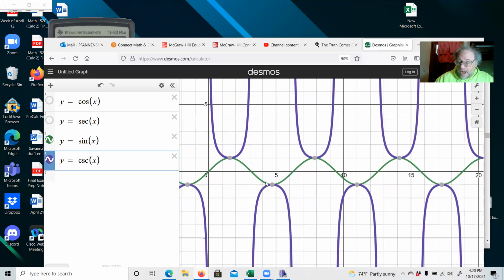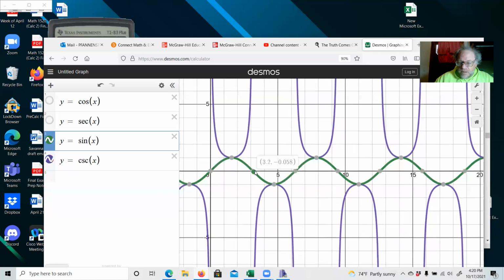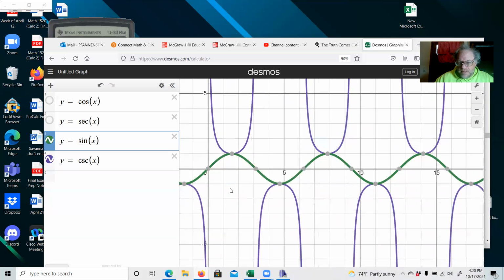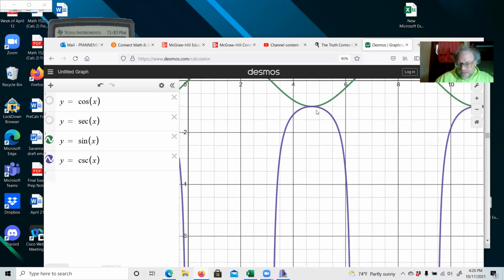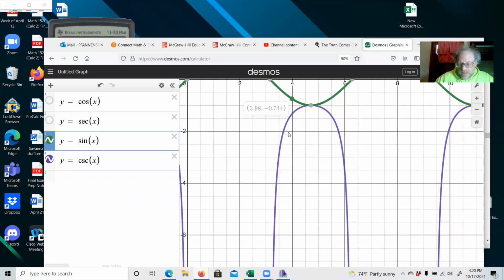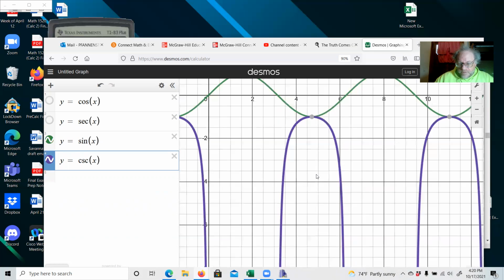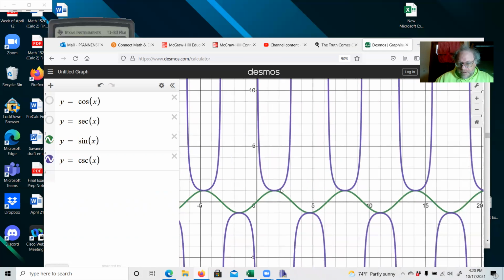So we get to pi right here. We get to pi. This value here for cosecant, this goes down and down and down and down. Okay. And again, it's going to repeat over and over and over again.